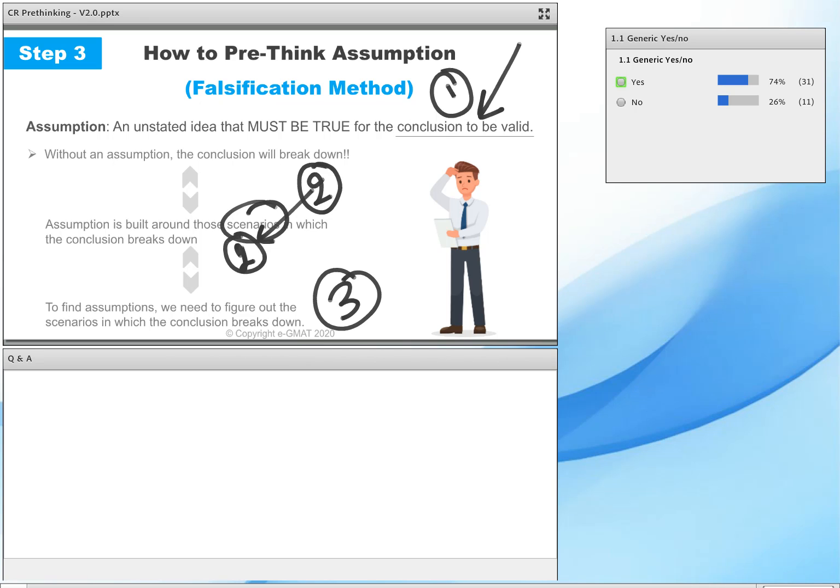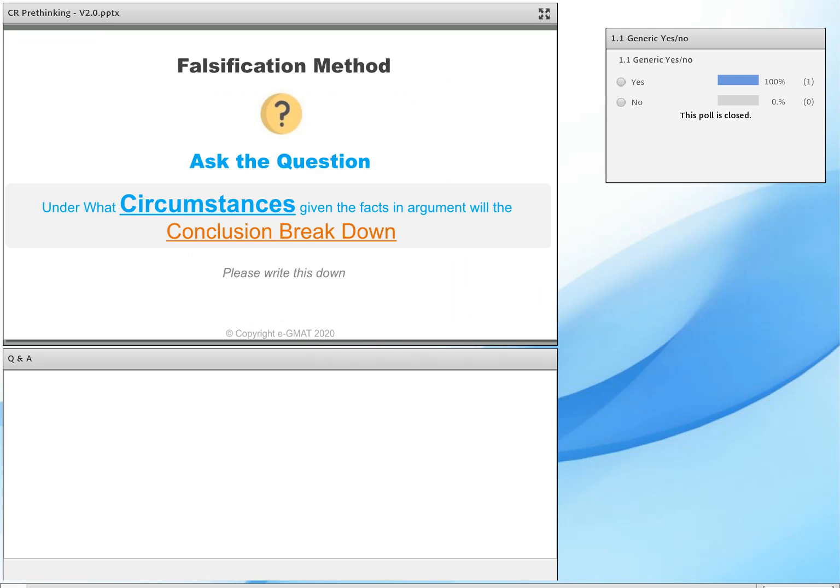Okay. So let's apply this over here. 75% of you get it. For the other 25% to get it, let's apply this. The question that we're going to ask is, under what circumstances, given all that information in the argument, does my conclusion break down? That's the third statement that I want you to write down. The first statement was what is pre-thinking.